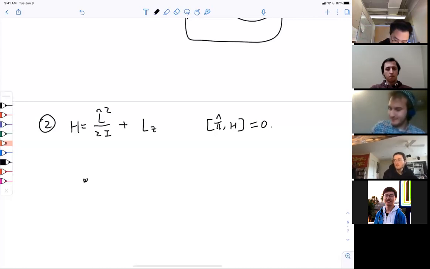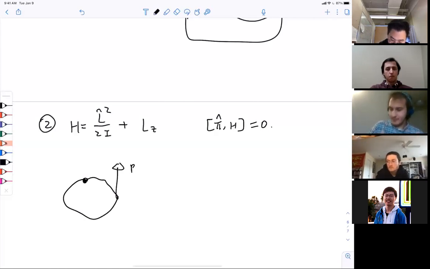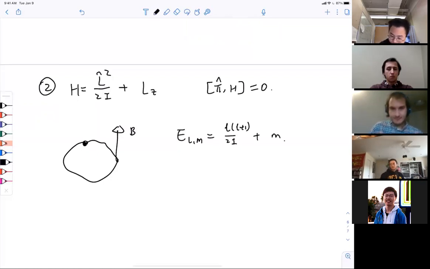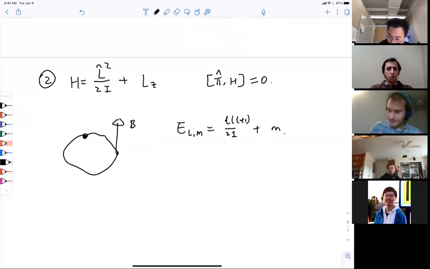You have some particle moving in a spherical potential and apply a magnetic field along some direction. Then you get this Hamiltonian. In this case, the energy can be labeled by L and M, and there's no degeneracy, meaning that the eigenstate must be a definite parity state.